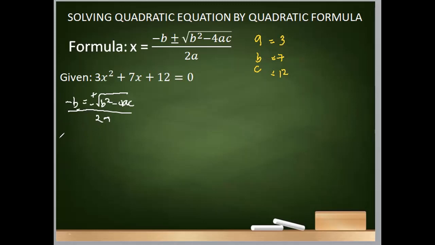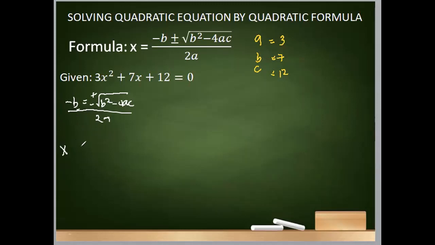So x is equal to negative b. The value of negative b is negative 7. Okay? Positive and negative square root of what is our b? Okay, wait lang po. Ulitin natin.